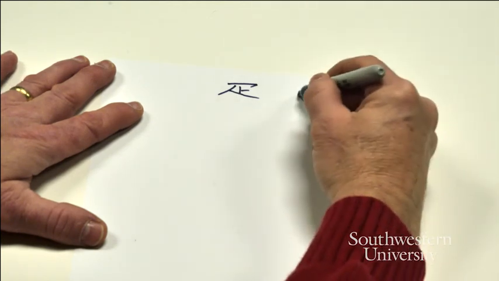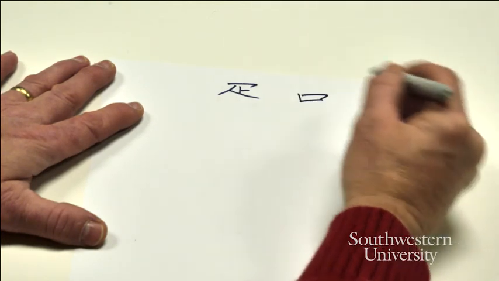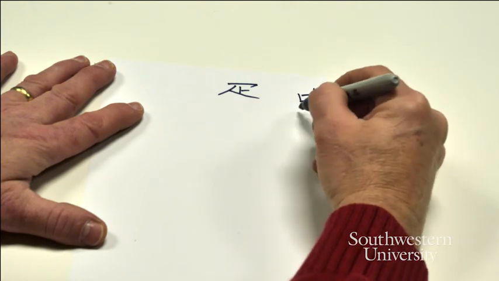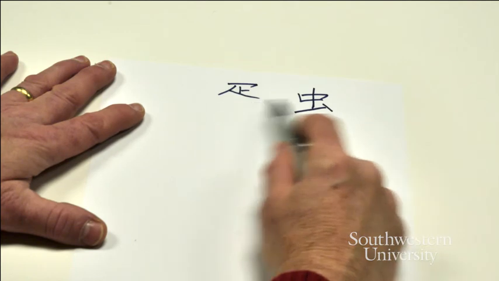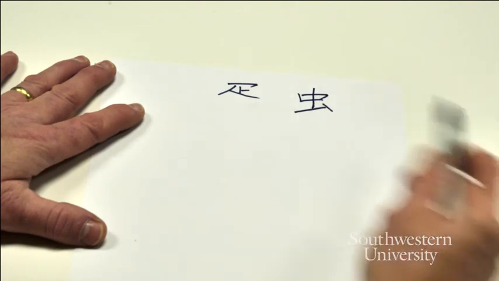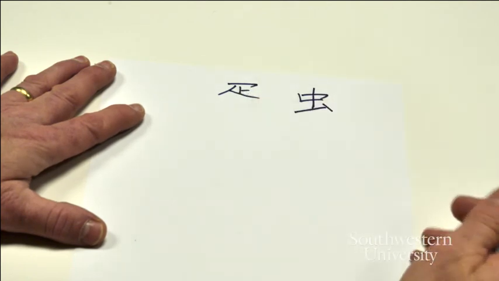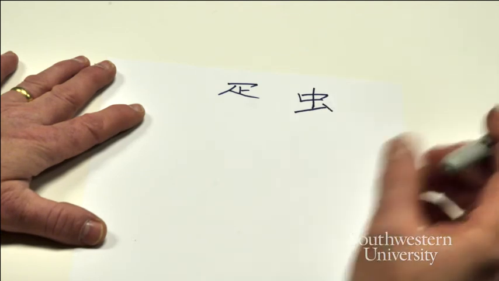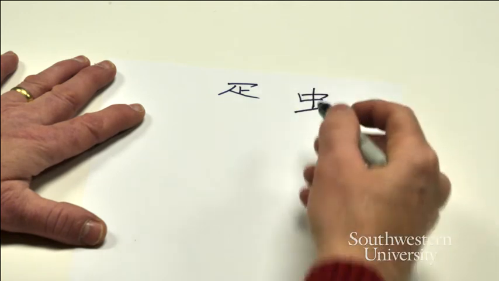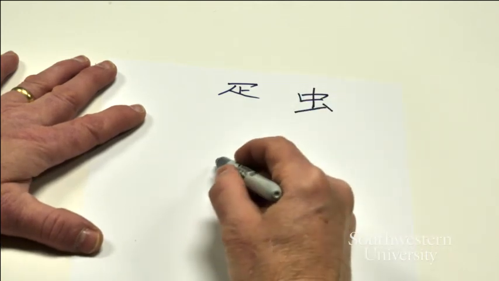The bottom part indicates a snake or a bug, anything crawling. So these go together for egg, just because that's phonetic. And this is because crawling things have eggs. I'm sure that's where it comes from.